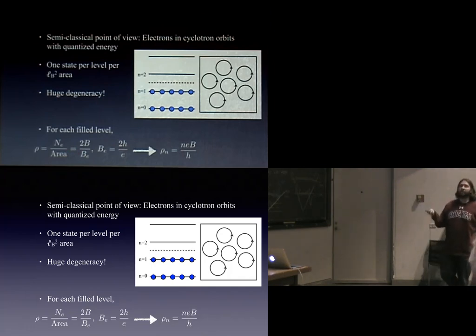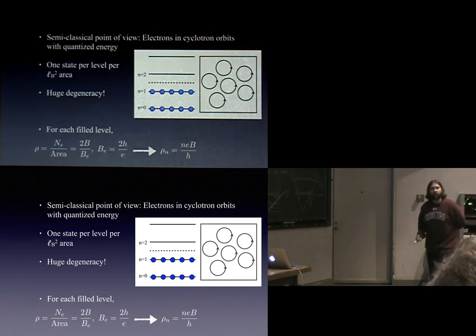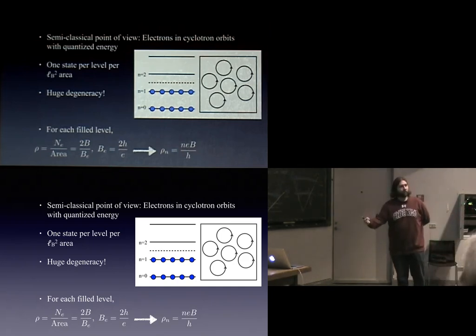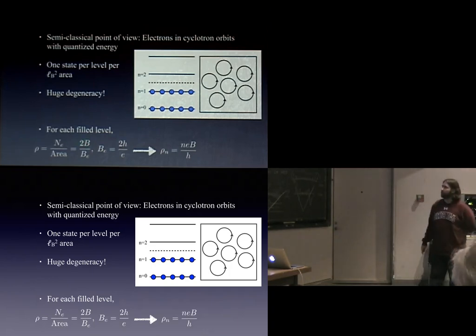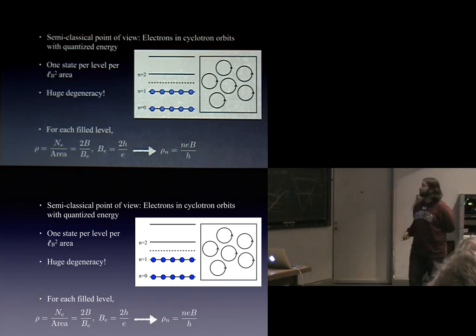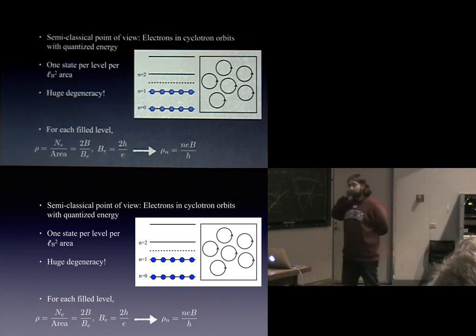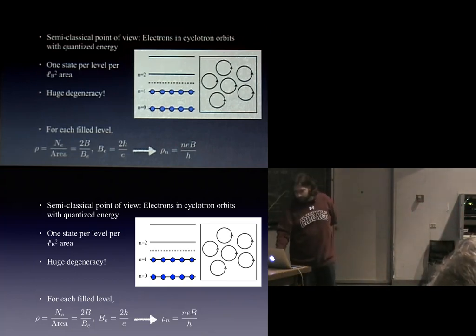Because remember, an electron is itself a magnetic field. Don't worry too much about this factor of 2. It's not too important. The punchline at the end of the day is that if I fill up n levels, I have n times this unit of charge in my system.